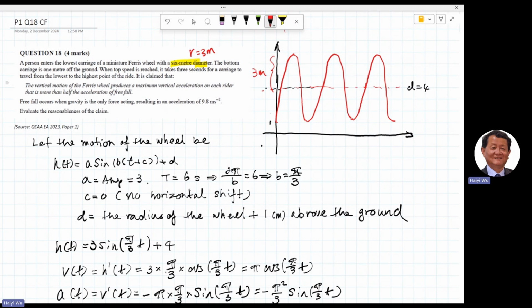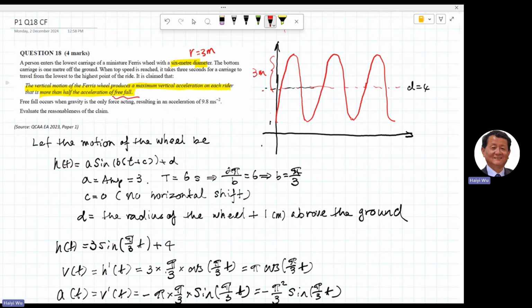So we have a claim to be verified. What is the claim? The vertical motion of the Ferris wheel produces a maximum vertical acceleration on each rider that is more than half the acceleration of free fall. We know free fall means gravity.